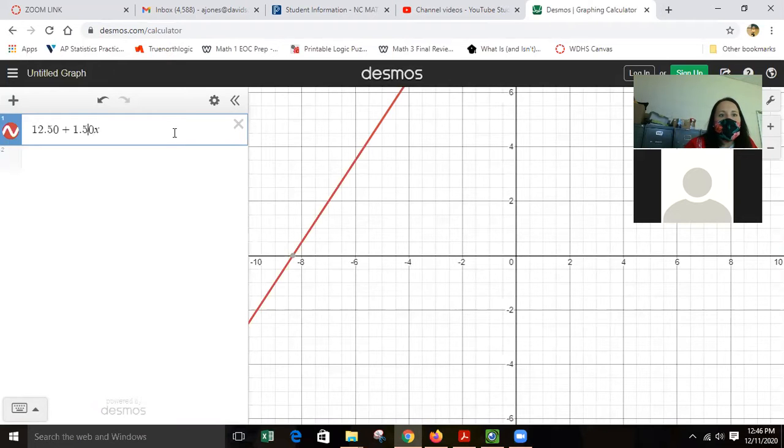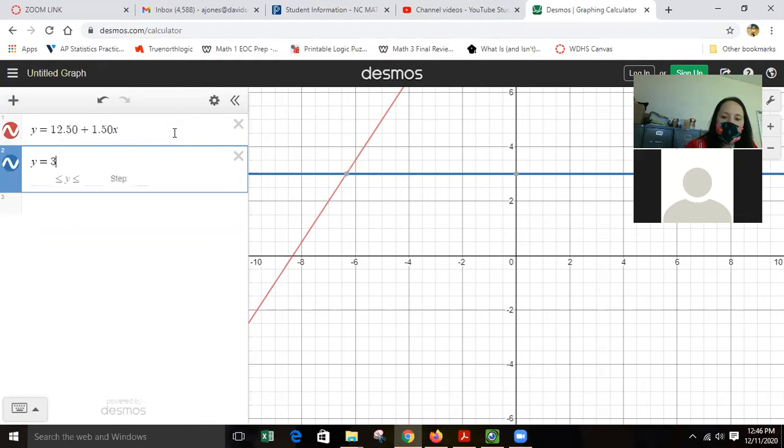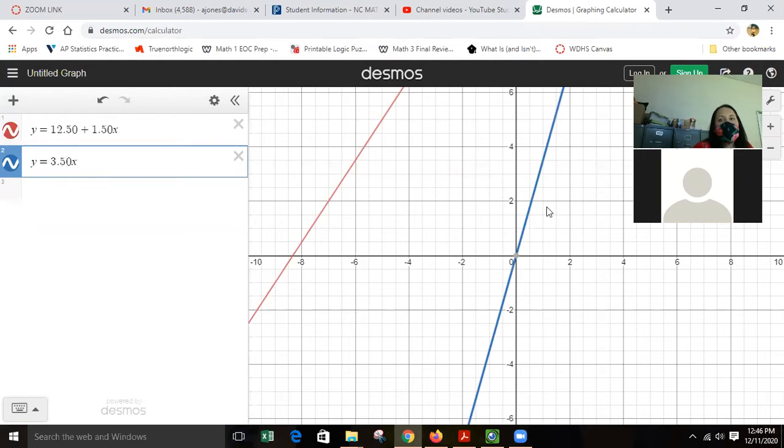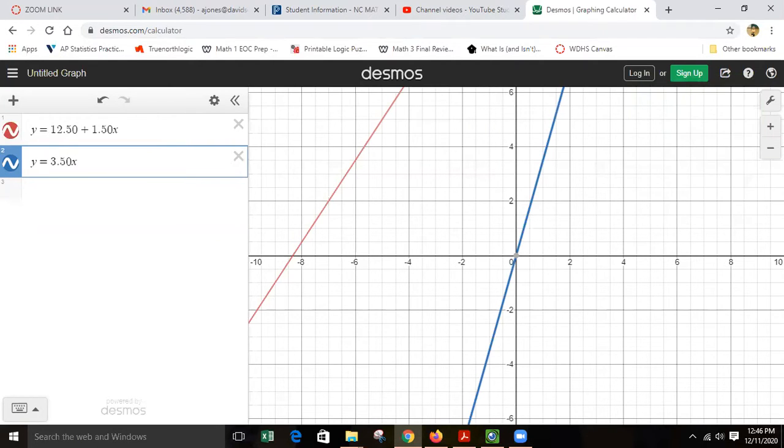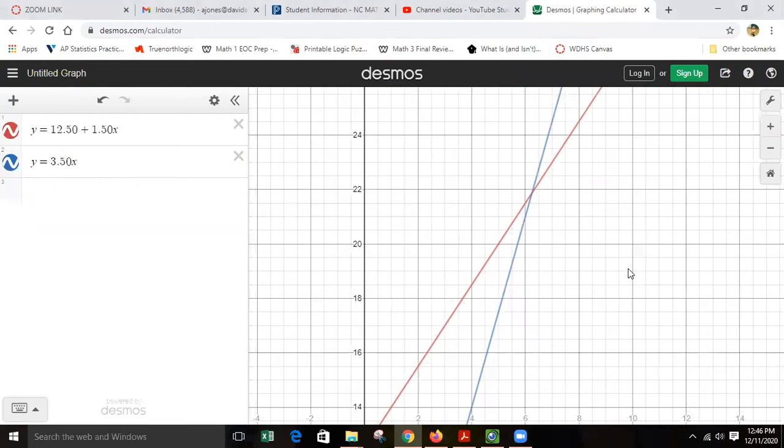Let's see. I'm gonna go ahead and put y equals. And then the second one, y equals 350x. Minimize this, get it out of the way so we can see. We're gonna find out where they cross.